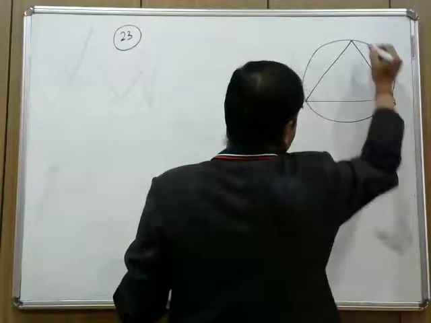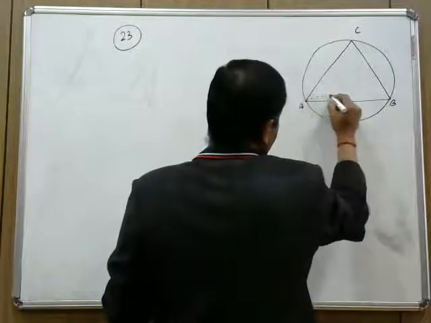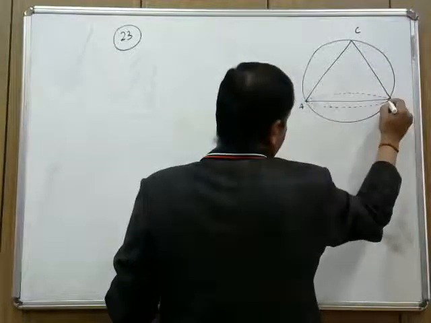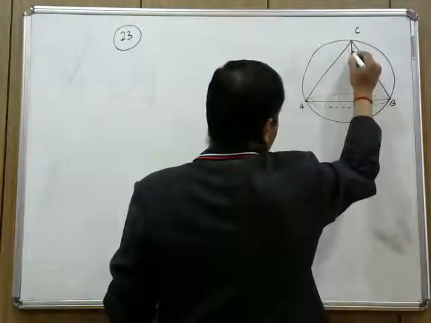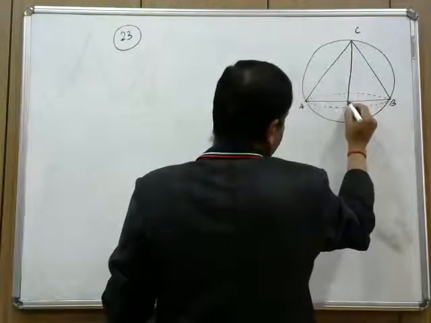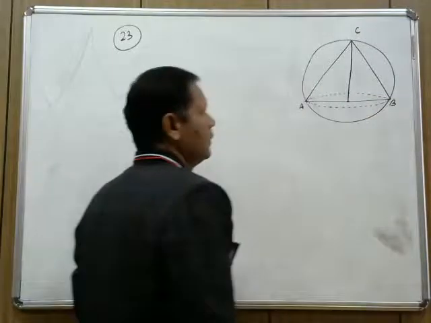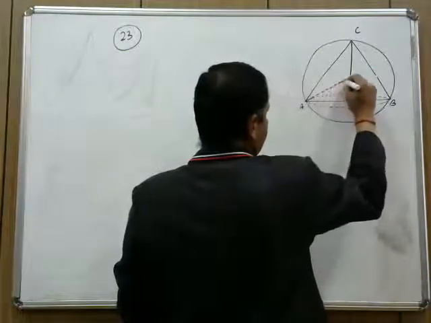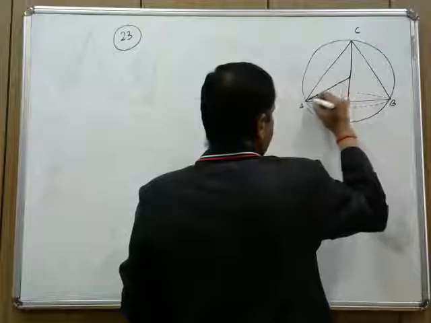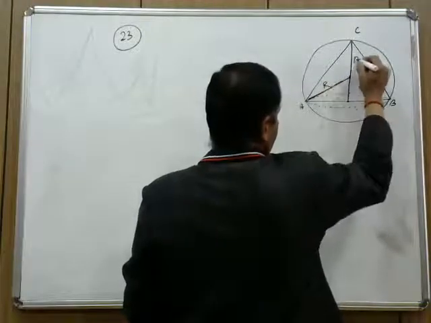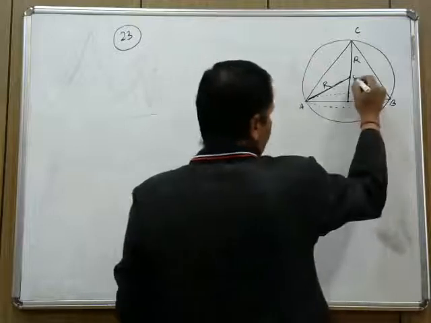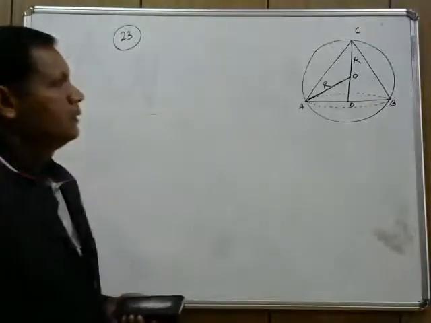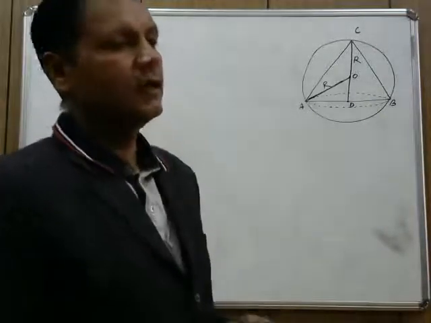A, B, C. It is a cone, and this cone has given that its radius is R. Of course, the radius R we can have here. It is given that this part is R. Now this is capital R, this is also R. This is given. A cone inscribed in a sphere of radius R.